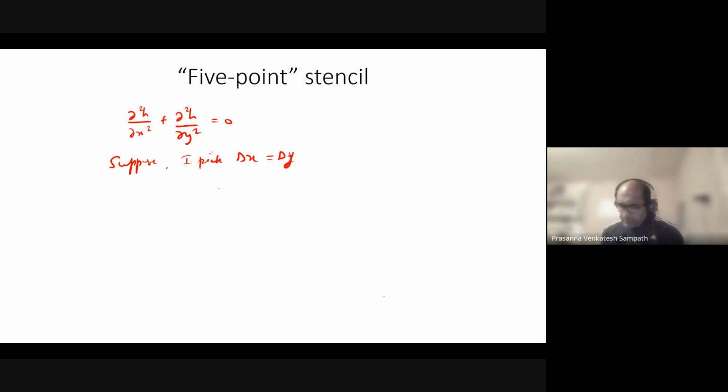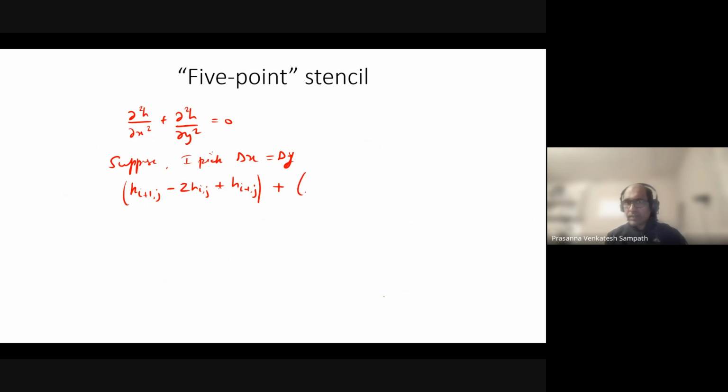What will happen? Then you'll be left with something like this: h of i plus 1 comma j minus 2 times h of i comma j plus h of i minus 1 comma j, divided by delta x square. So this is my first term divided by delta x square.